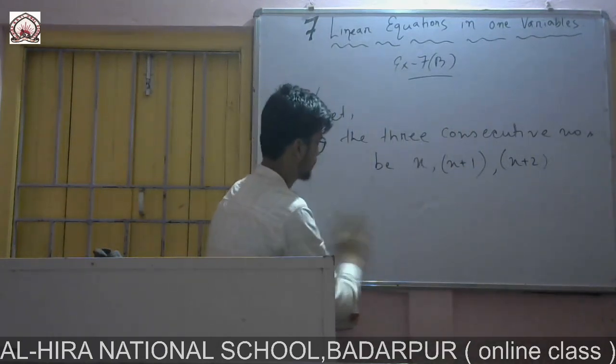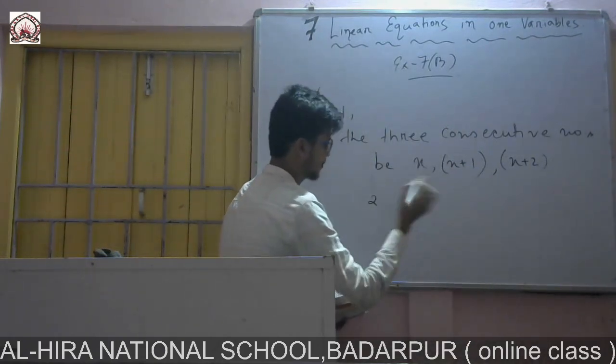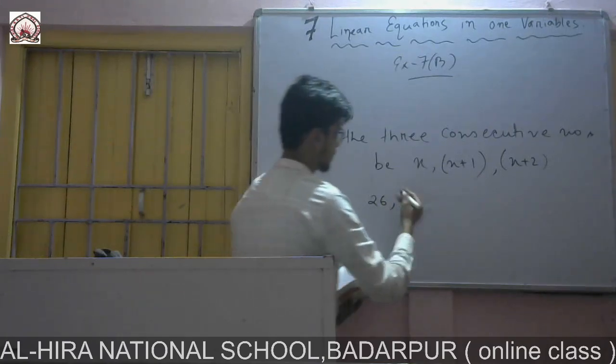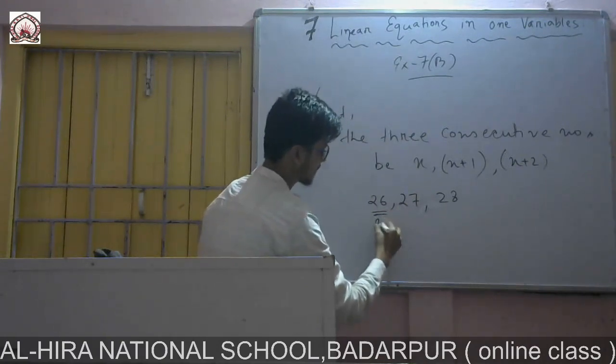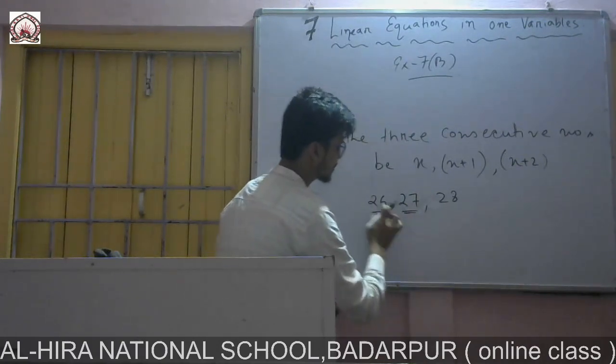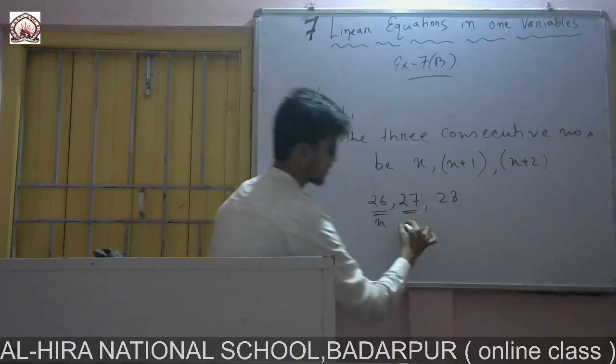For example, if I write 3 consecutive numbers, one let it be 26, the next one 27, then 28. So I can write it as x, then x plus 1, that means 26 plus 1, it is 27.